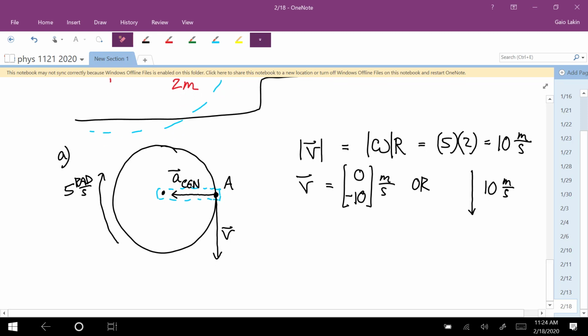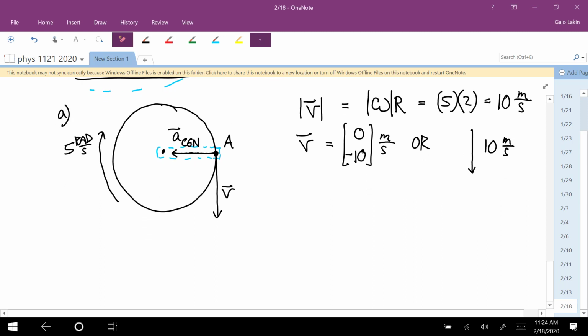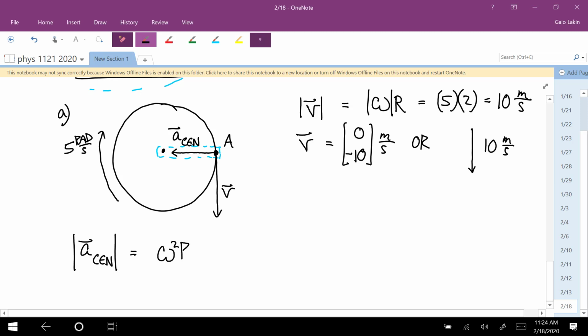Let's do the centripetal. Let's get the acceleration while we're here, even though it doesn't ask for that until part C. So the centripetal acceleration magnitude is omega squared r. So that's 5 squared times 2, so 50 meters per second squared.